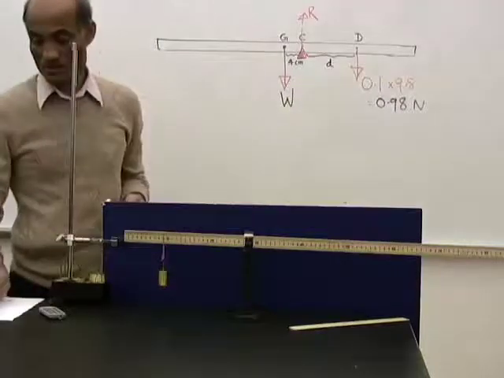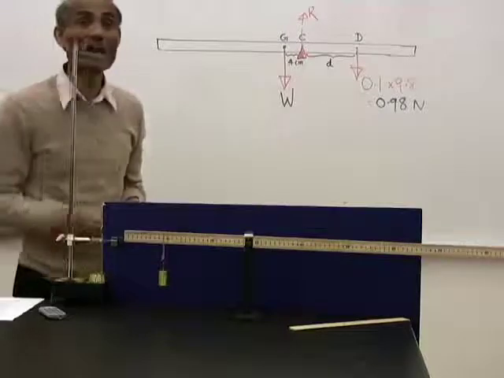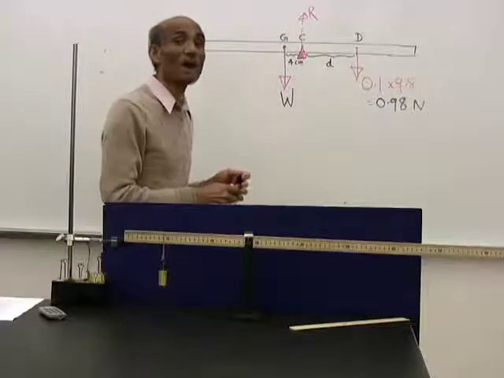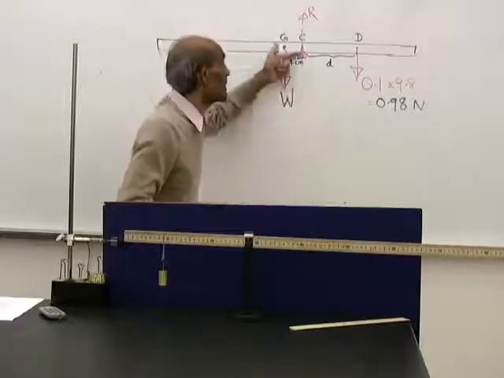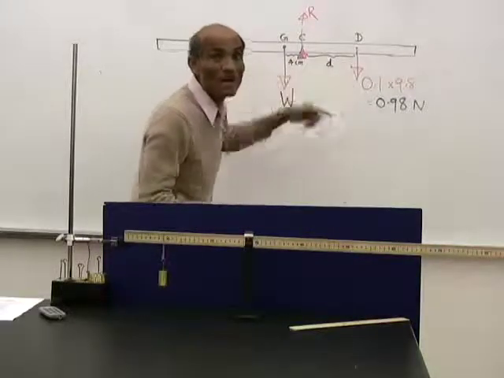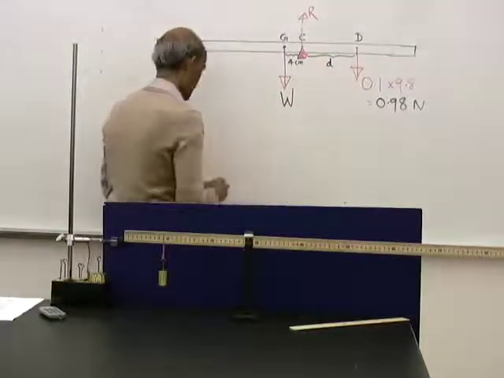And number 3, write an equation using summation Fy equal to 0. What does that mean, summation Fy equal to 0? If an upward force is positive, the downward forces are negative. So it will look like this.